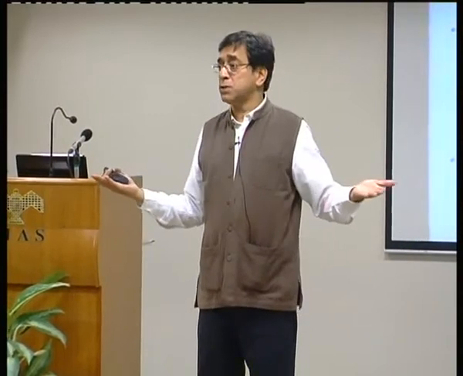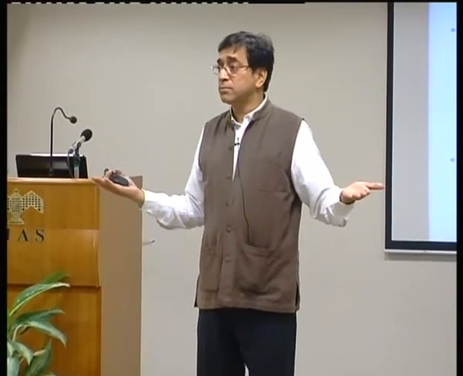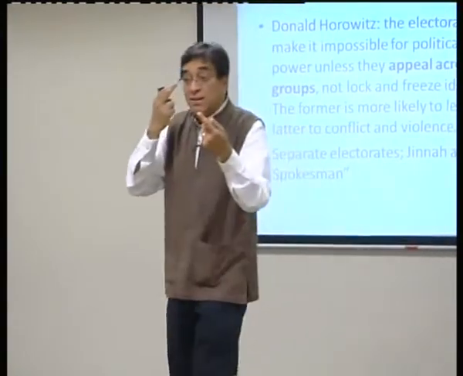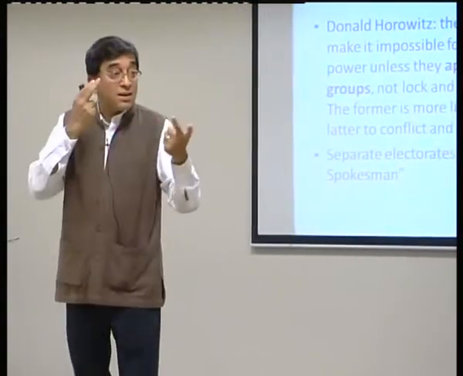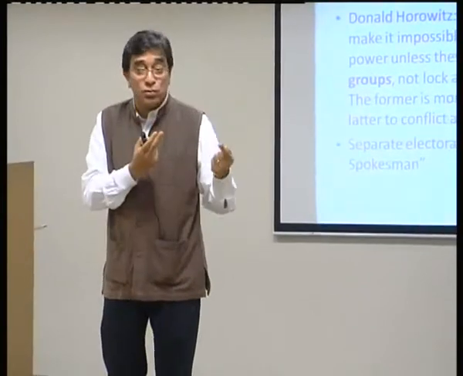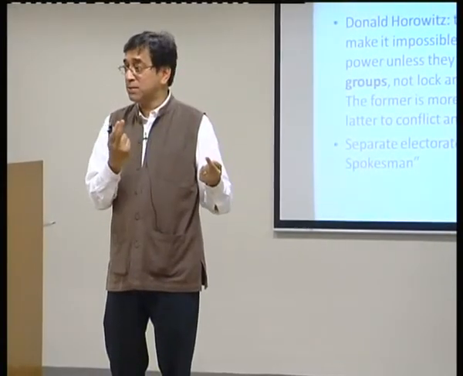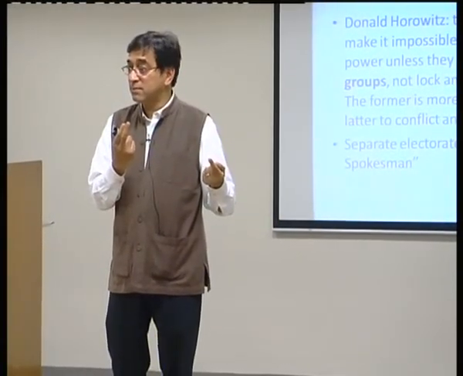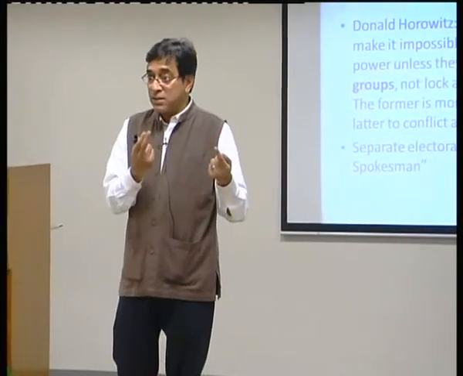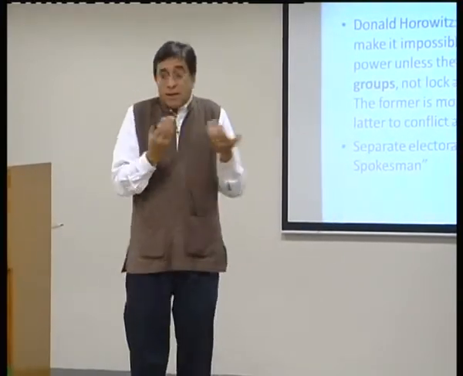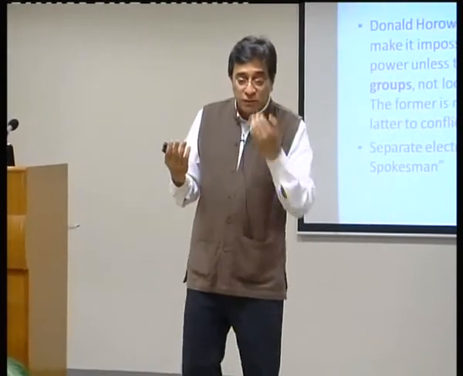It would still like to represent all Indians. So you got in India, using this theory, a clash between consociational democracy and liberal democracy. That clash led, of course, to the partition of India.